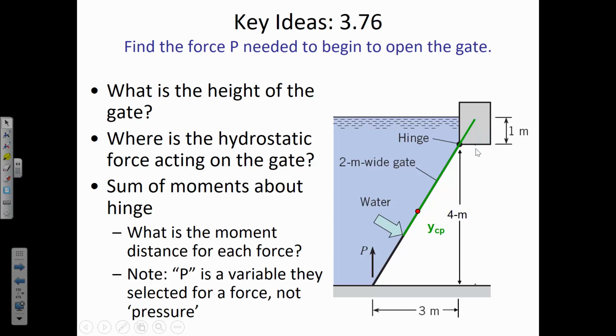So you'll need to subtract out this segment length, because that's not included in the moment distance that you'll do as a final step to find P. So YCP is one thing, but then the moment distance is something different. Any questions for that?